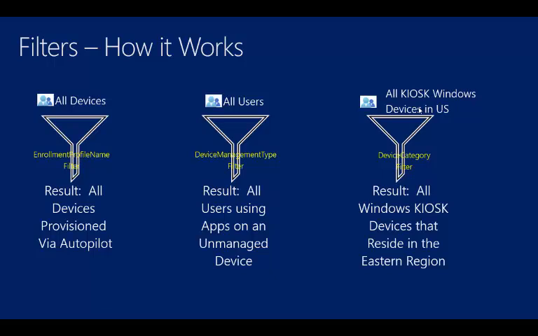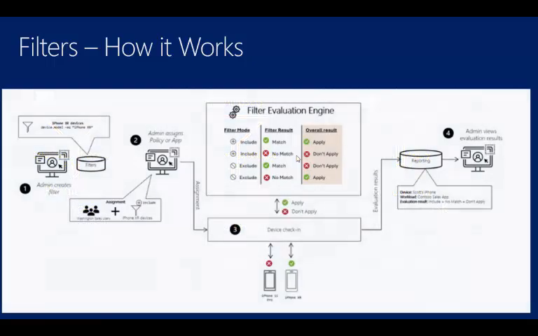And so we can apply that filter to the all kiosk Windows devices in the US group, and the result will be only targeting Windows kiosk devices that reside in the Eastern region, right? We could go on and on with these examples, but these are a few. So in terms of how filters works, and I can hear you saying, hey, just show it to me in Intune. I will get there soon.